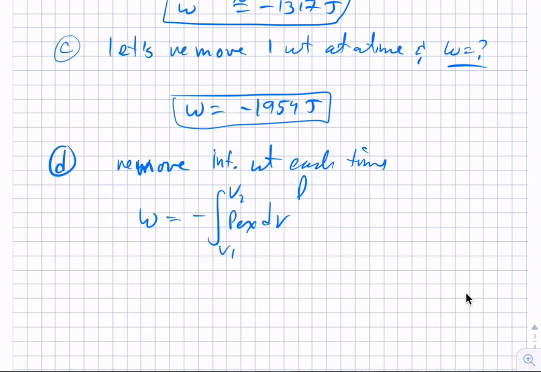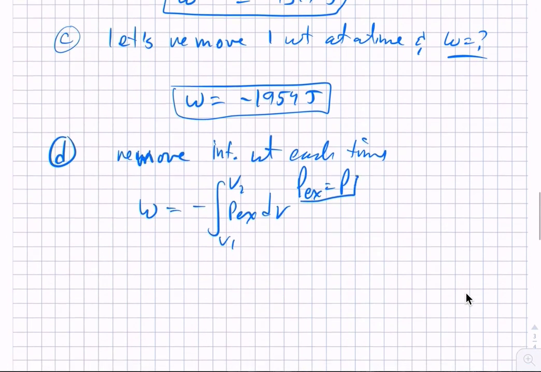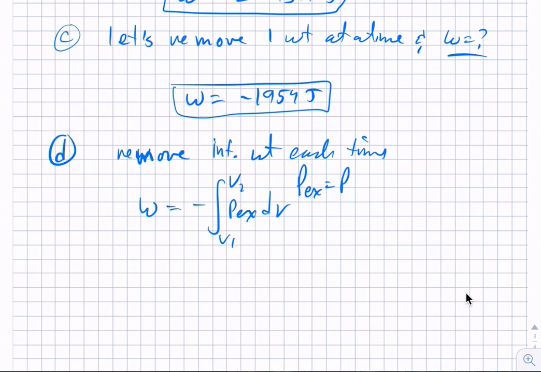But in this case, we're always changing the external pressure such that it always equals the internal pressure. And we call this a reversible change, or reversible expansion compression.